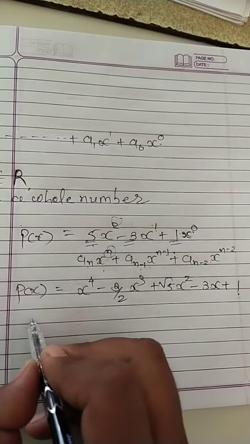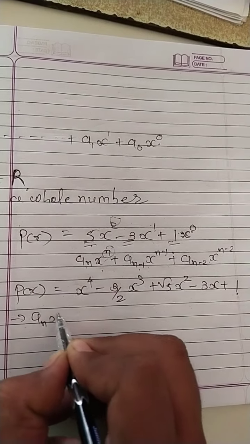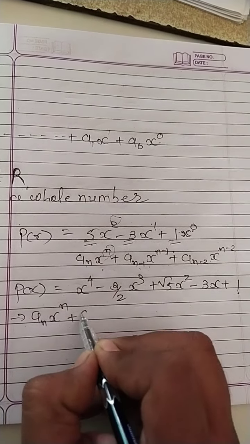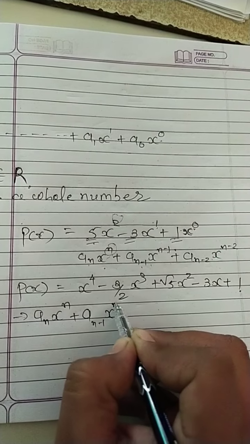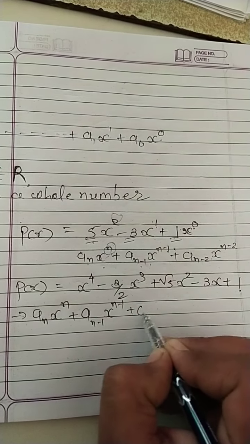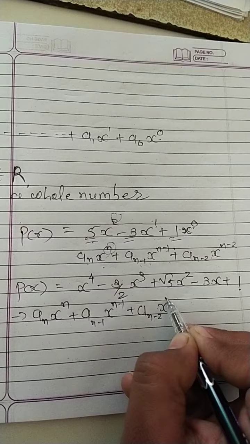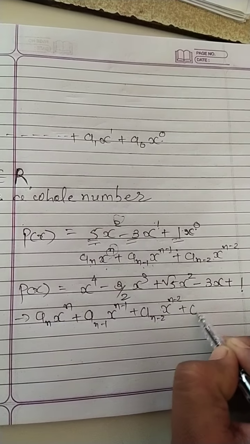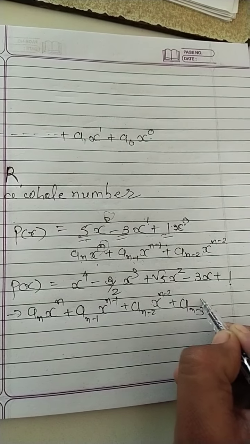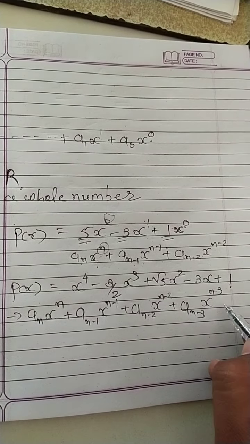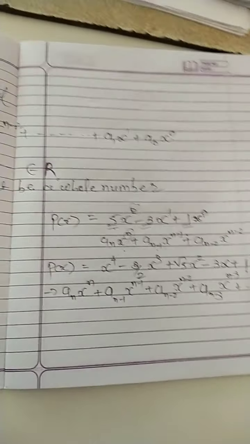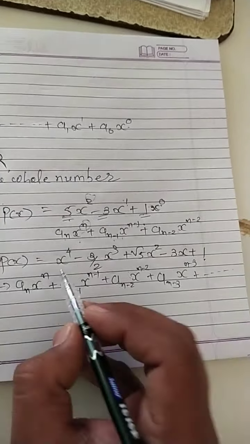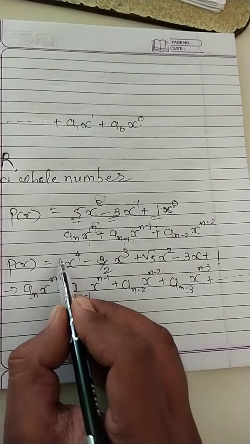Here also I can compare it with standard form, an x raised to n plus an minus 1 x raised to n minus 1 plus an minus 2 x raised to n minus 2 plus an minus 3 x raised to n minus 3 plus an minus 4 x raised to n minus 4 and up to the number of terms. Here an means coefficient of first term.